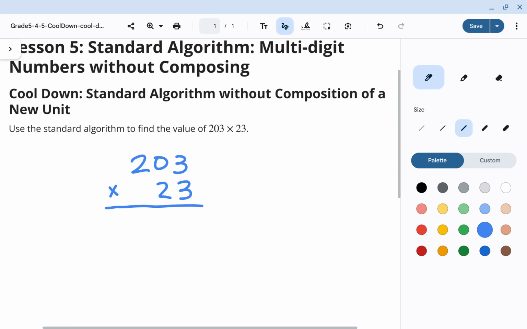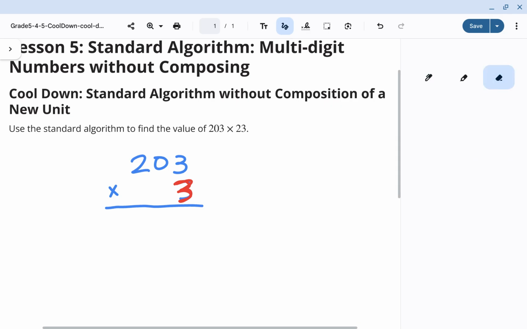Now, when we have two digits or more in our bottom factor, we now have two divas, or two centers of our multiplication problem to consider, but we start with the rightmost digit first. So our very first diva, if you will, in this problem, the center of the problem at the beginning, is the 3. So I always tell our students, it's almost like you can ignore the other digit at first.